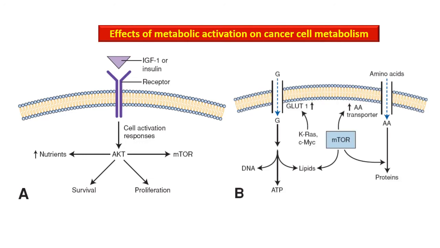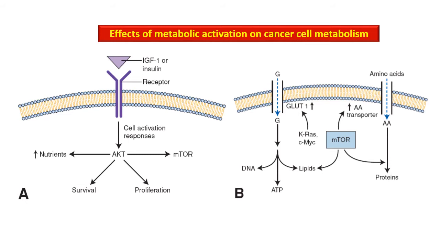The mTOR is the key effector of this AKT, and it increases the amino acid transporter entry, and as a result entry of the amino acid is increased and increased proteins are formed within the cell.